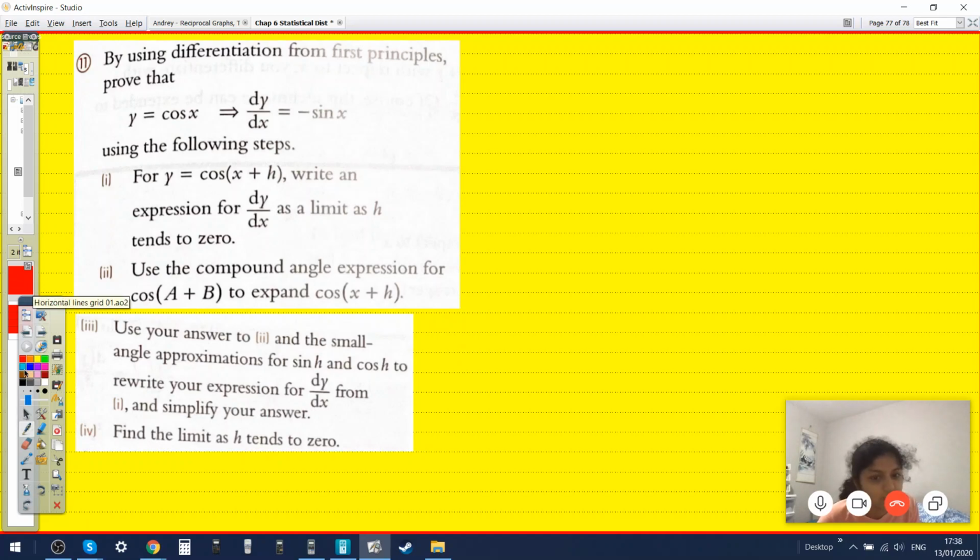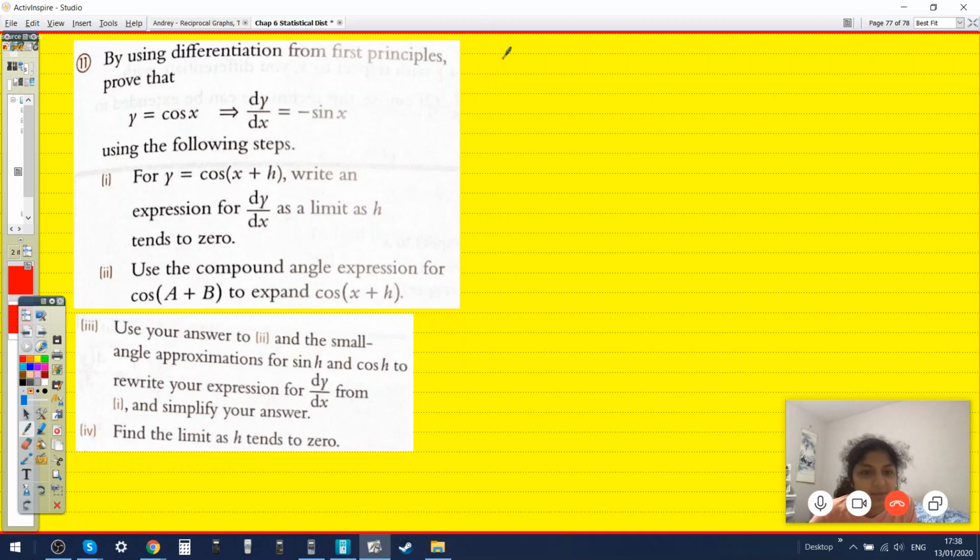Want to do it now? Do you get given the small angle approximation? Oh, you do. This isn't small angle approximation now. No, but it says in the third part. Okay. Want to do this? How would you start?